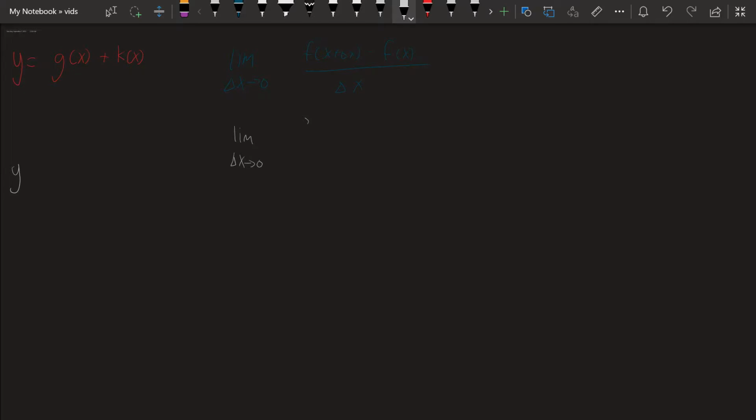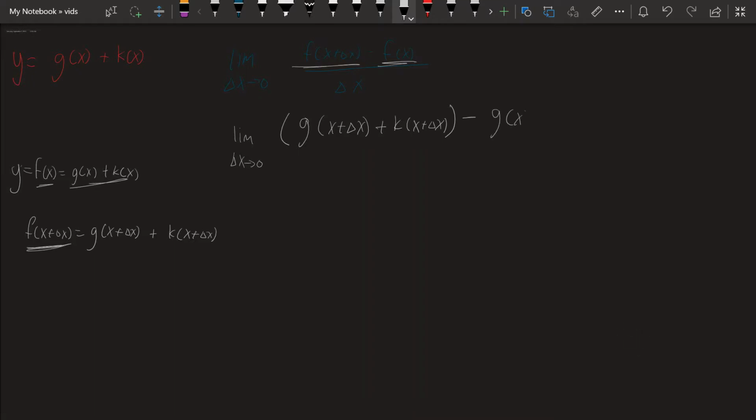In this case, y is equal to f of x, and f of x is equal to g of x plus k of x, right? Now f of x plus delta x is equal to g of x plus delta x plus k of x plus delta x, right? So let's just substitute. We have g of x plus delta x plus k of x plus delta x, minus f of x. And f of x is g of x plus k of x, right?